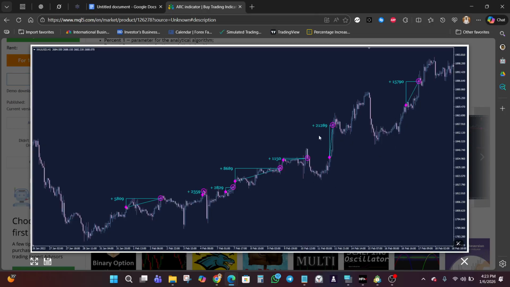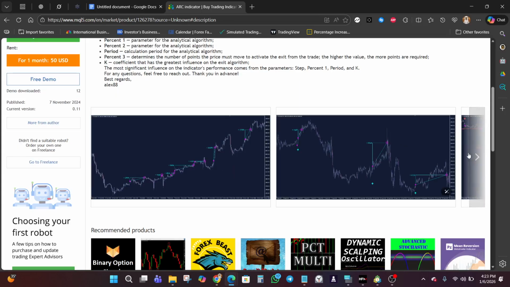It also shows you some pip differences, additional pips, some gains, from the point that it gave a signal to the potential target point. You can see the addition of a certain number of pips here: plus 5809, here plus 2359, here plus 2829, here plus 8689, and so on and so forth.